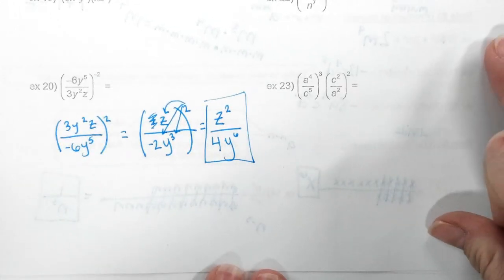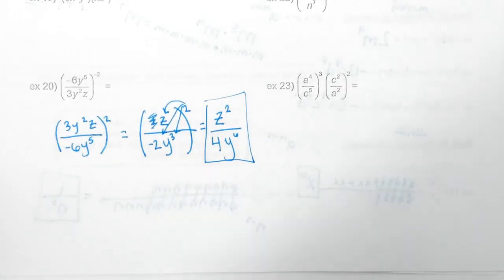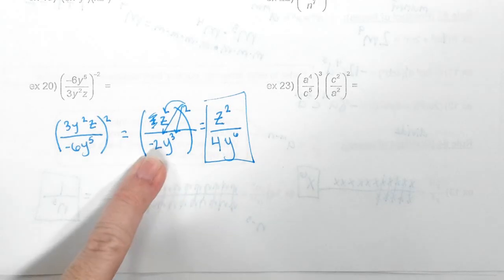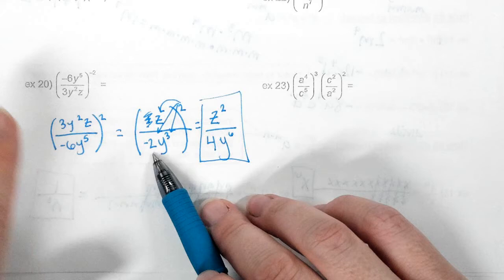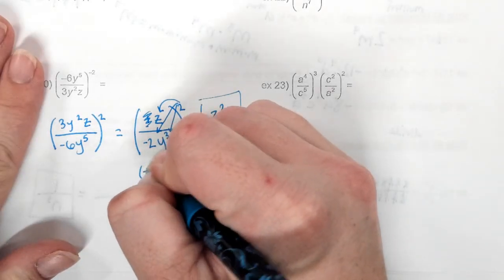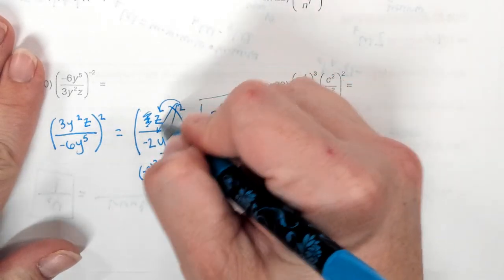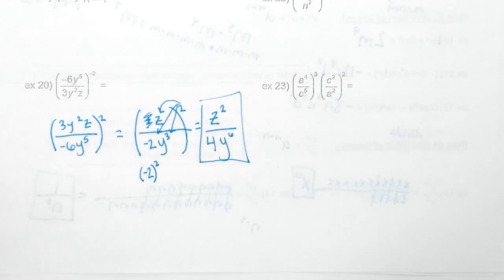Wait, why is it positive? Because what's a negative times a negative? But that's not negative 2, is it? The exponent's not negative. This is negative. The negative 2 on the bottom. So you did negative 2 times 2? No. Negative 2 times negative 2, because this is the same thing as saying negative 2 squared. I had to give the squared to the negative 2.